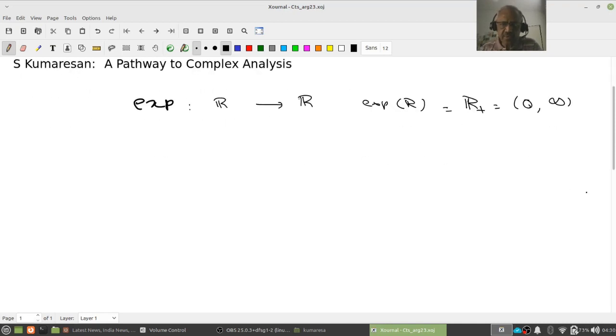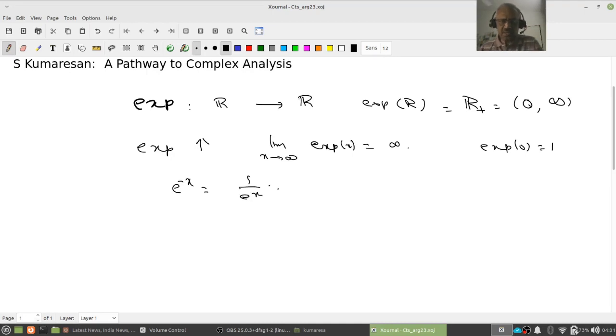And we also know the exponential is strictly increasing, and the limit as x tends to infinity of exponential of x is infinity. Of course, exponential of 0 is 1, and so on, and exponential of minus x equals 1 by e power x. All these things we already know.